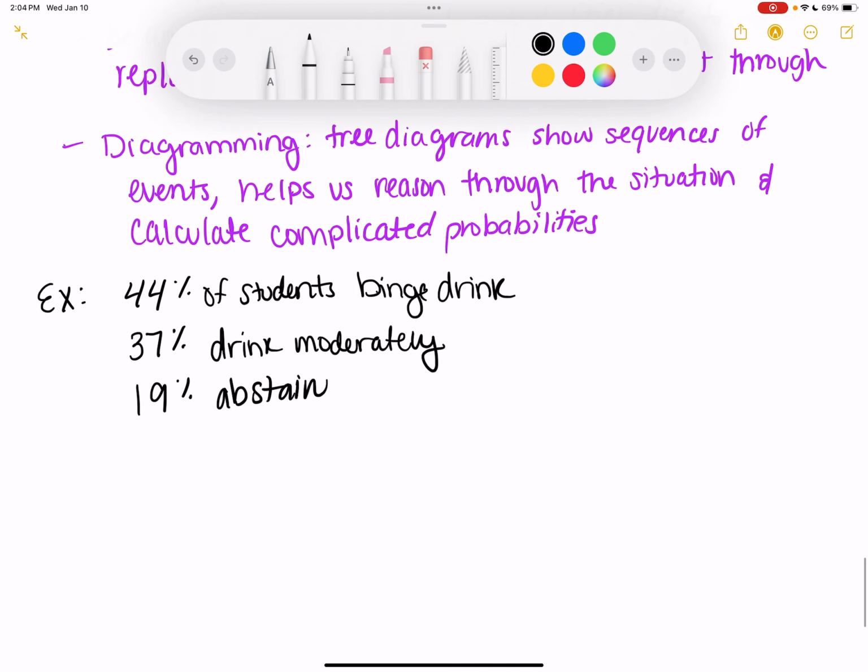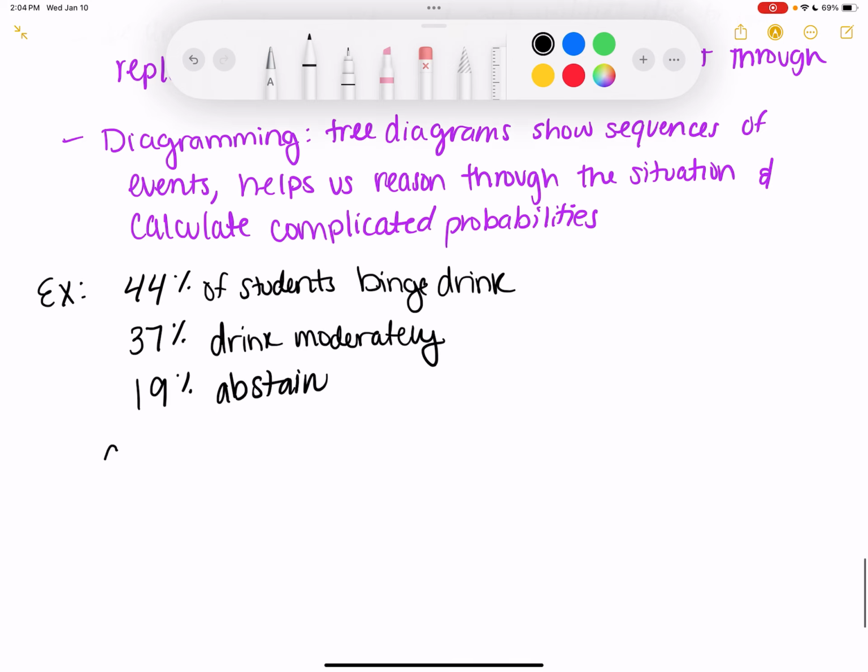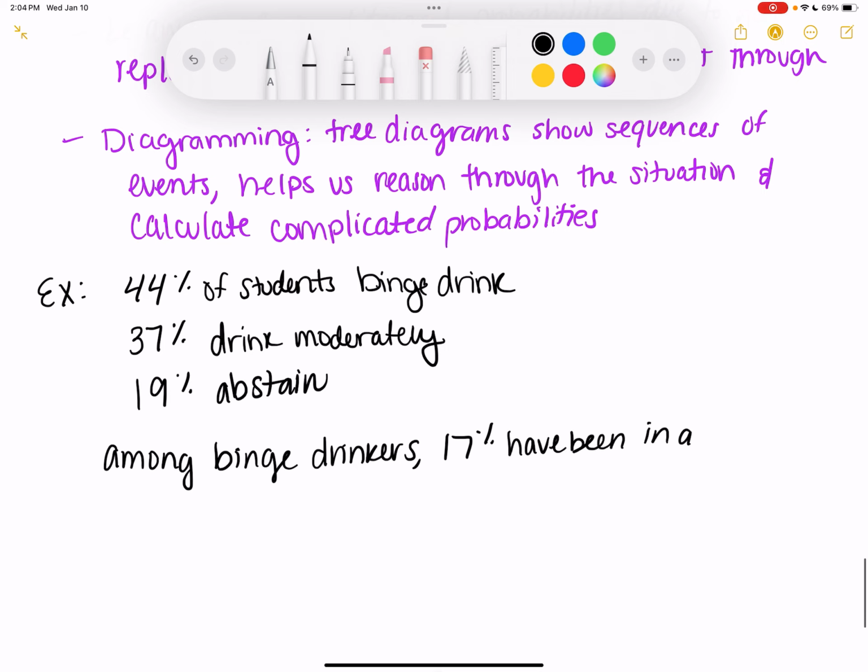All right, and then the other piece of information they give us is that among binge drinkers, 17% have been in an alcohol-related accident.